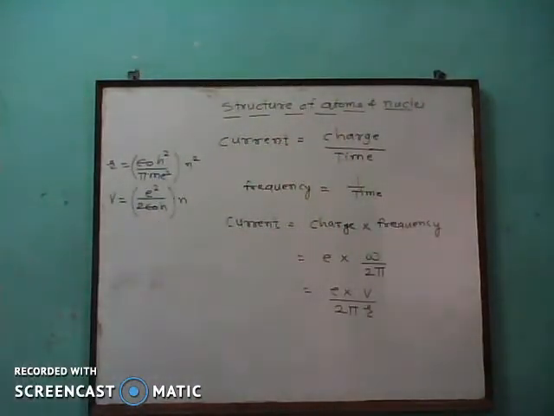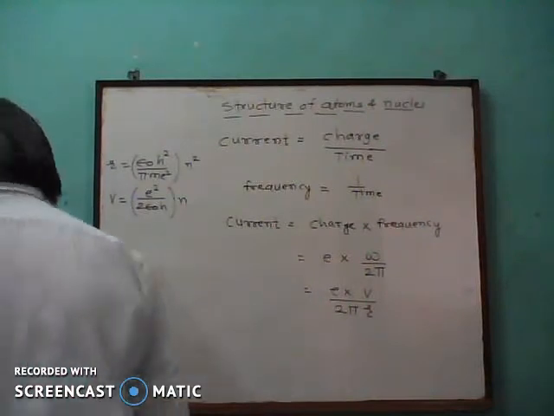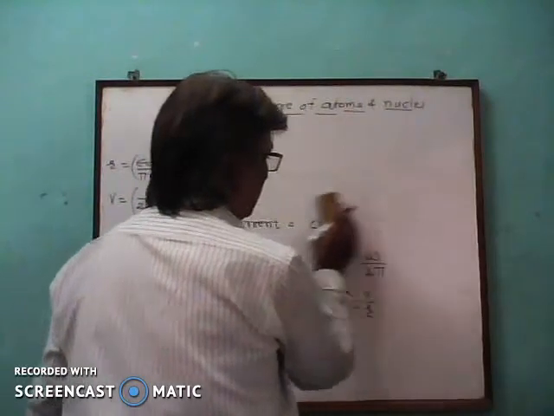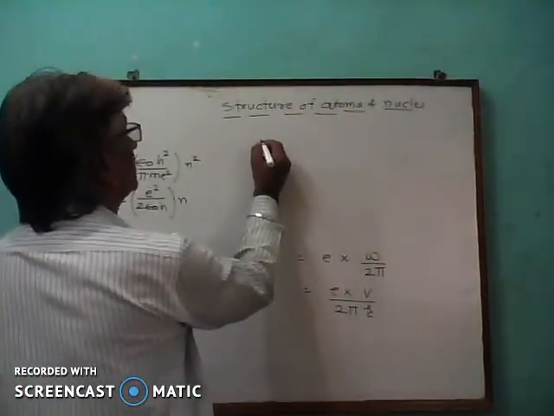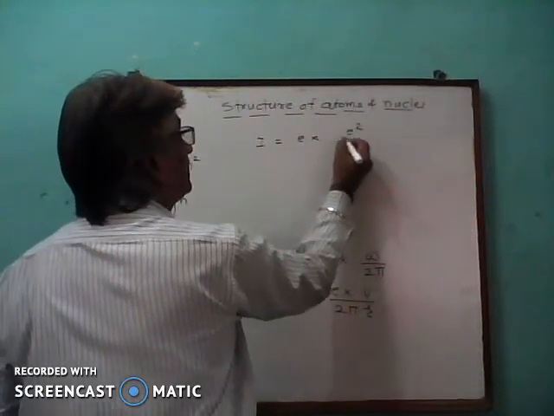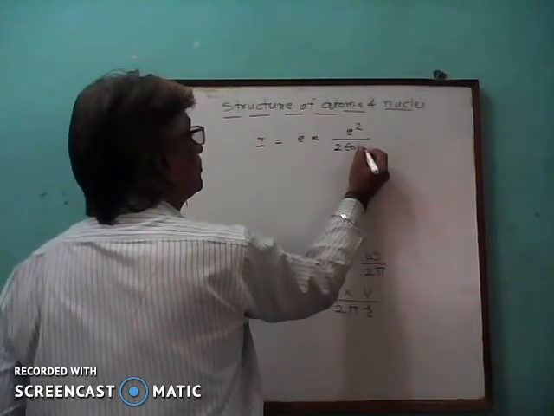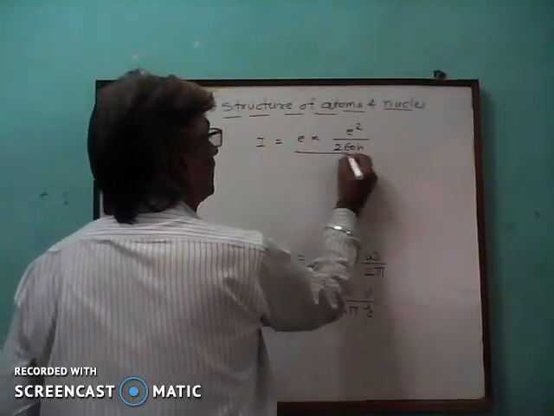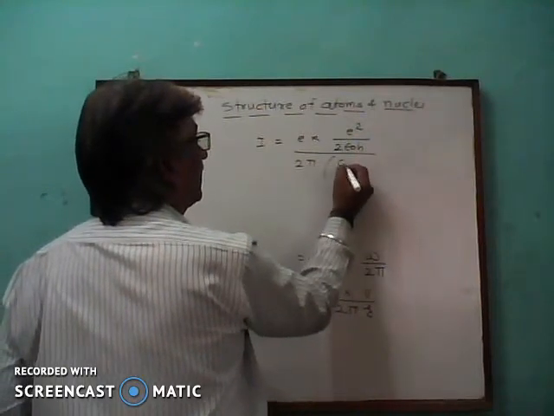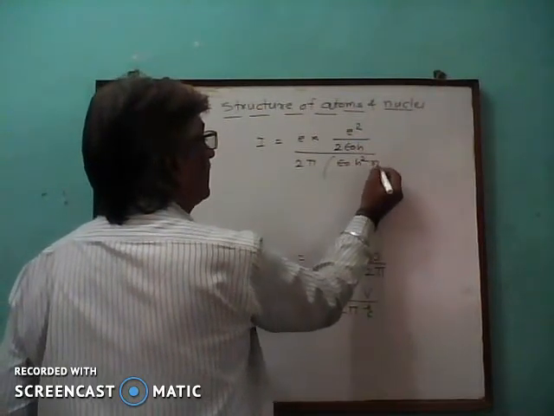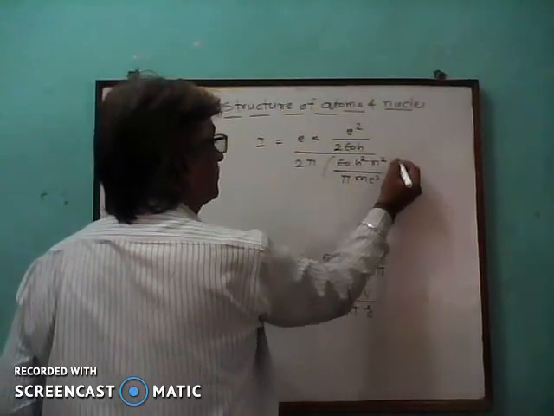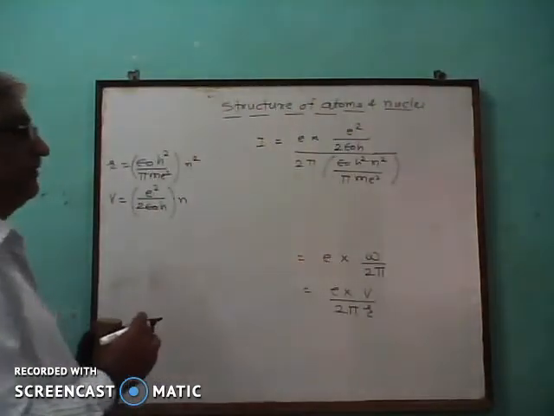See here, if the formula for v and the formula for R are substituted, what happens? Current I is equal to e multiplied by e square upon 2 epsilon 0 h, upon 2 pi in bracket epsilon 0 h square n square upon pi m e square.